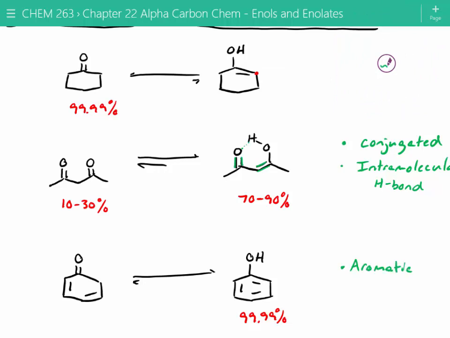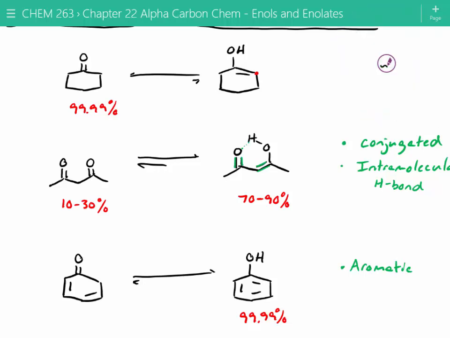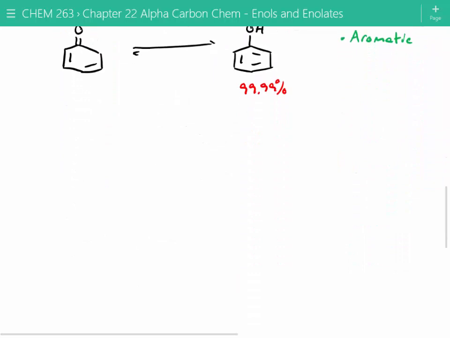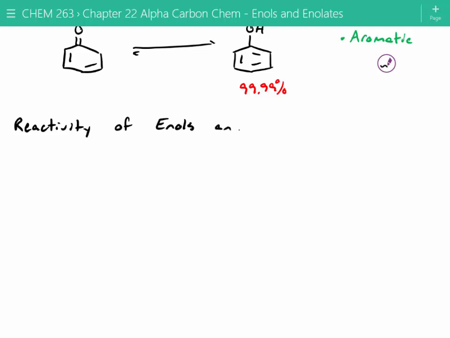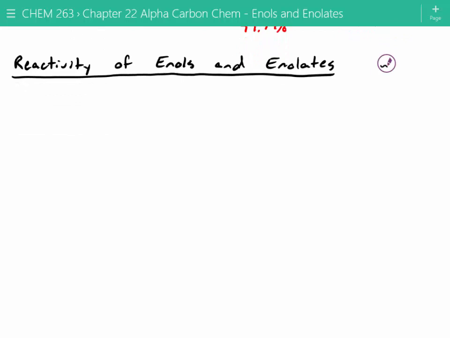Aromatic. So now let's look at the reactivity of these, of enols and enolates. And so I'm going to draw an enolate here.